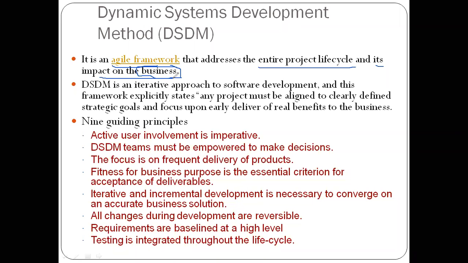Why are you taking the end users' opinions? You are developing a project to satisfy them, to fulfill their needs, isn't it? You are going to fulfill the end users' needs, so that's why you should take their opinions into consideration.